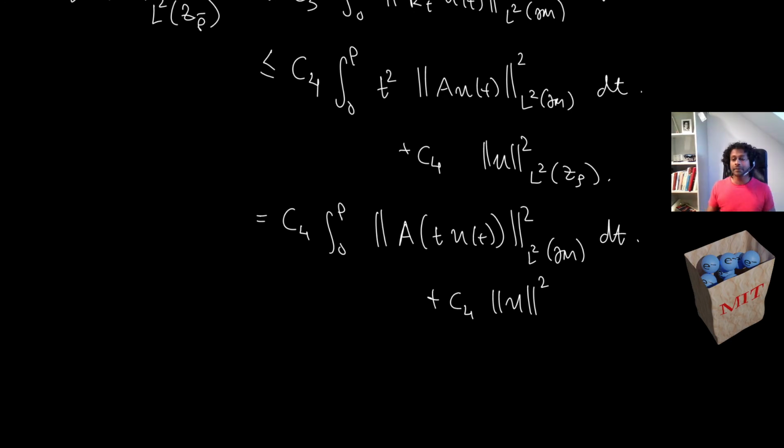I'm keeping the constants here because I'm saying in the lemma that there exists a constant C2. So that's why I'm keeping track of the constants. If I was writing this in a paper, I would discard this and just not keep the constants. But I think here it's a good idea to keep the constants so it's really clear that we're not having anything T dependent and so on. When we have to make an assertion about constants being uniform, it's a good idea at least once to try and track what the constants really are.